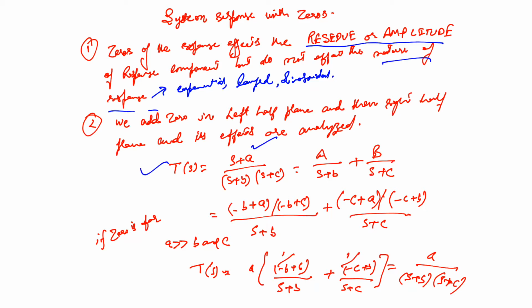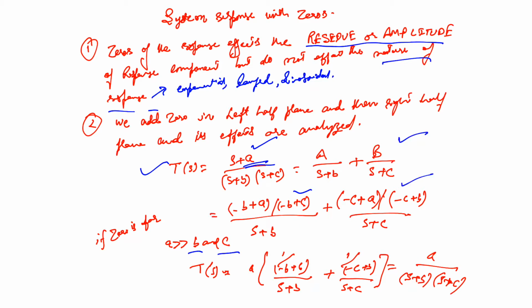By using the partial fraction expansion, we found the values of A and B. If the zero is far from the poles, then A is large compared to B and C, so the other components are negligible.